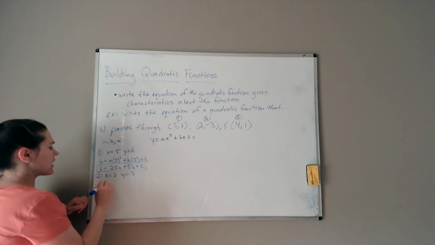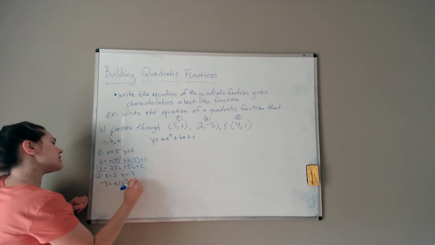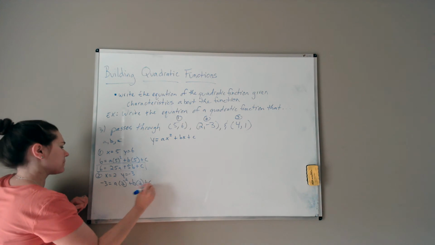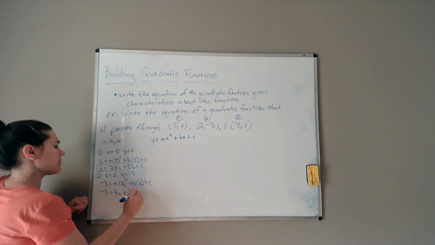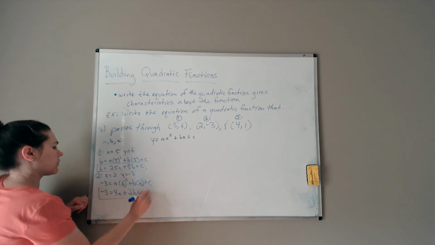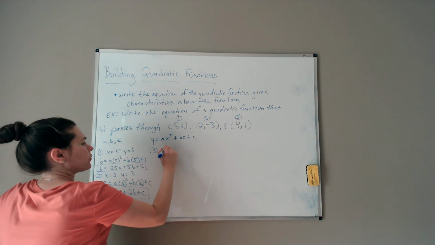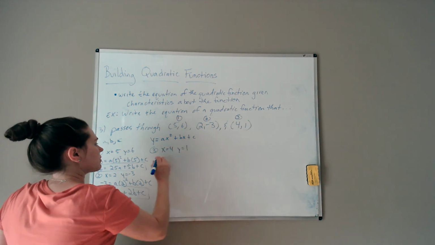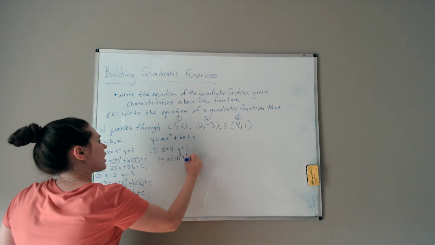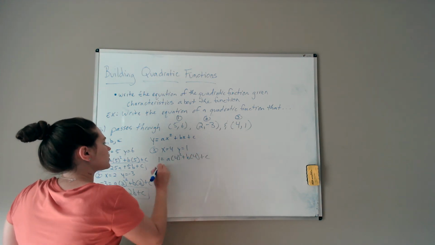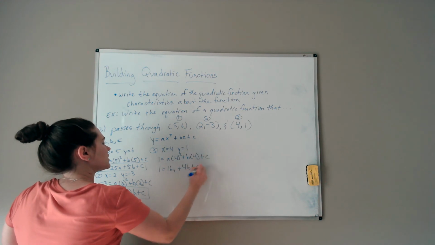So that's going to be -3 equals A times 2 squared plus B times 2 plus C. That's going to be -3 equals 4A plus 2B plus C. Okay, and our 3rd is x is 4, y is 1. So that's going to be 1 equals A times 4 squared plus B times 4 plus C. It's going to be 1 equals 16A plus 4B plus C.